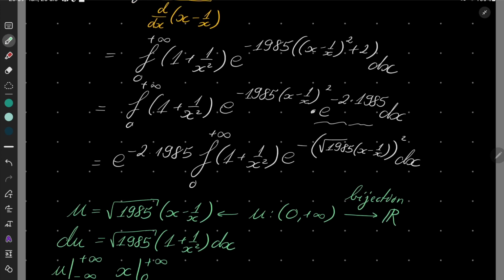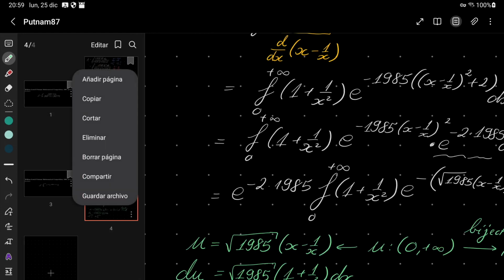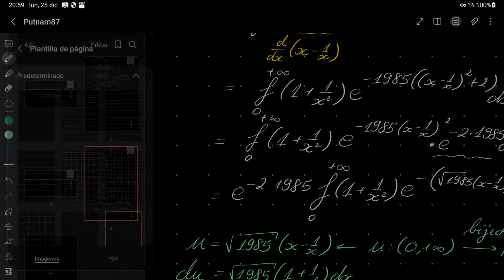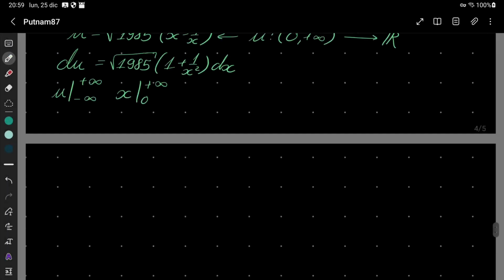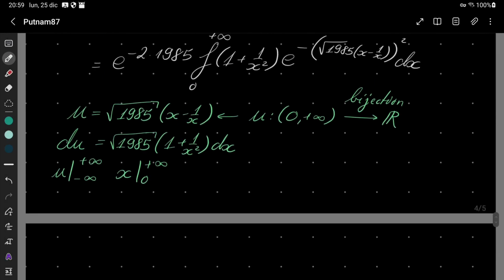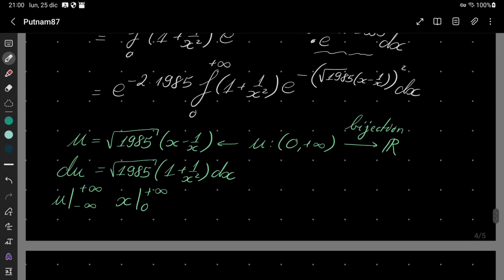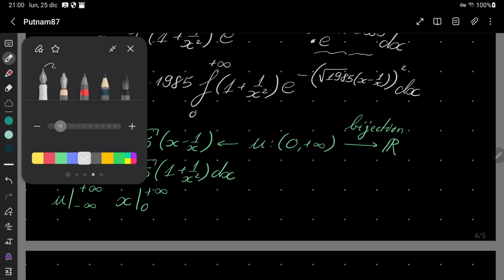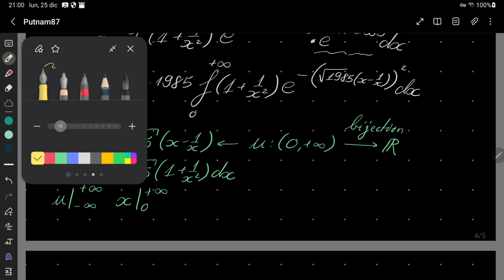Okay, and now I need another page, so wait a minute. Let's look. One more thing, maybe. I will a bit artificially write in our previous integral.